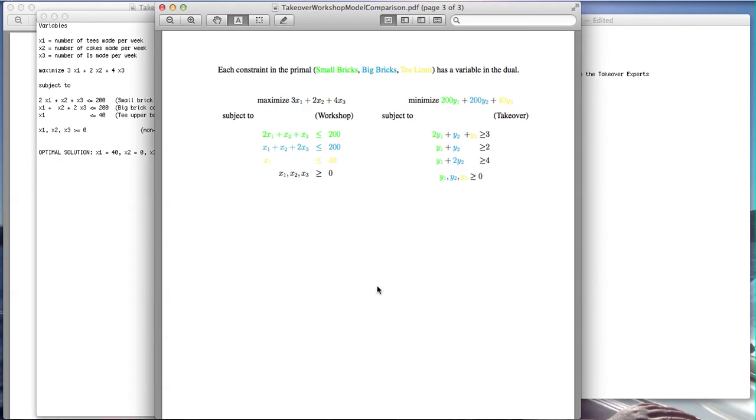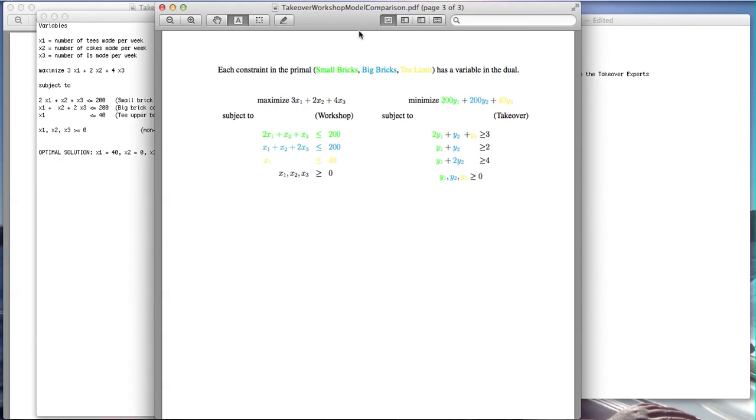So these primal and dual problems are pairs. Every primal has a unique dual, and every dual has a unique primal. The labeling of primal and dual is not arbitrary, but it doesn't matter which one you call the primal and which one you call the dual.